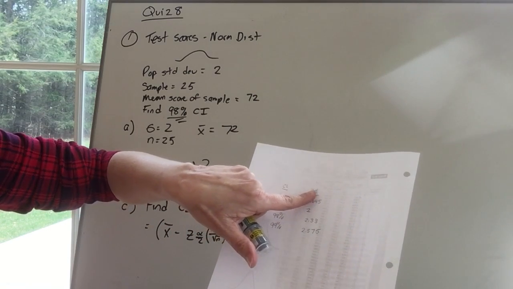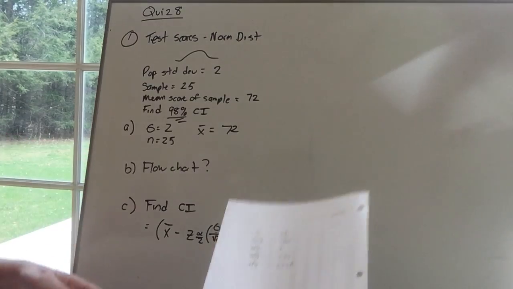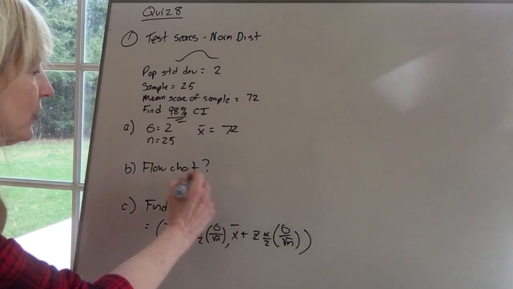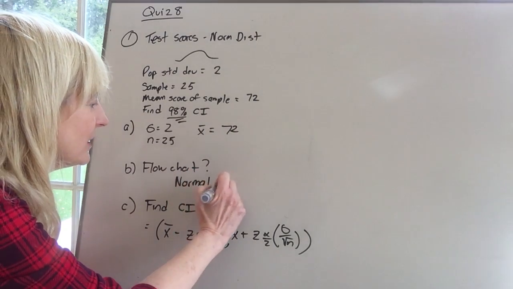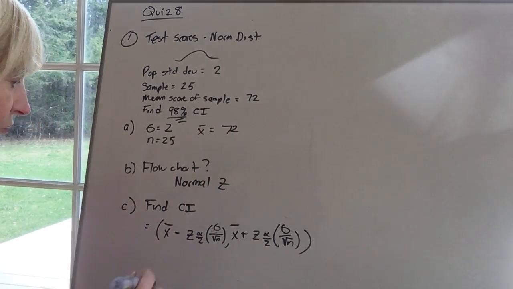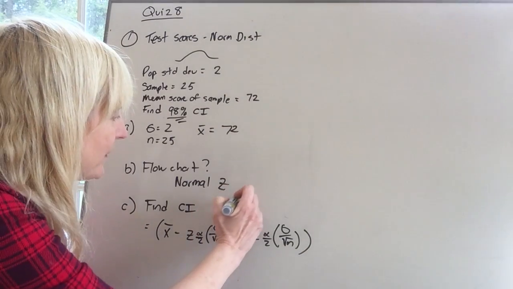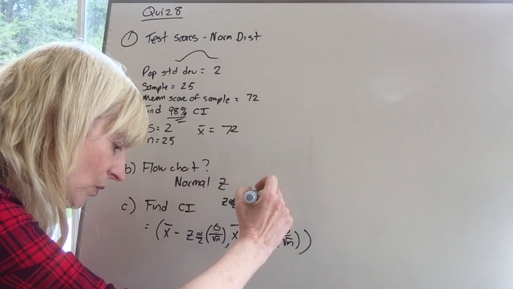That's not z times alpha over 2. That's just a subscript. That's the name of it. It's 2.33. So I guess I should have wrote we're using the normal z. And then we're going to use this because we are using the normal z. And then I just looked it up on the chart, and z alpha over 2 for a 98% was 2.33.